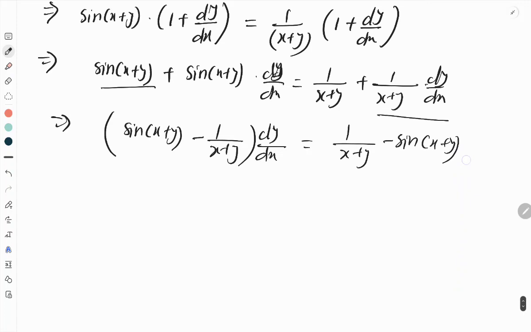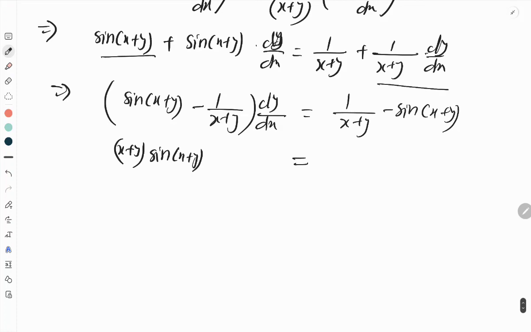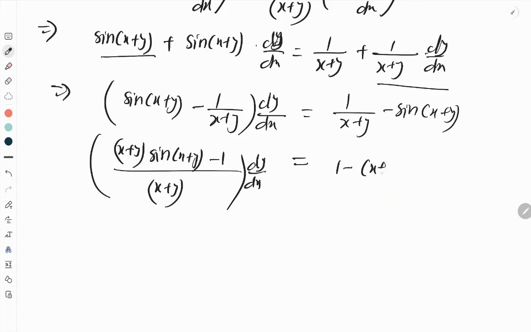Okay, this is a cross multiplication, and solve. Here (x + y) sin(x + y) minus 1 upon (x + y), dy/dx, correct, is equal to, here also, 1 minus (x + y) sin(x + y) upon (x + y), correct.